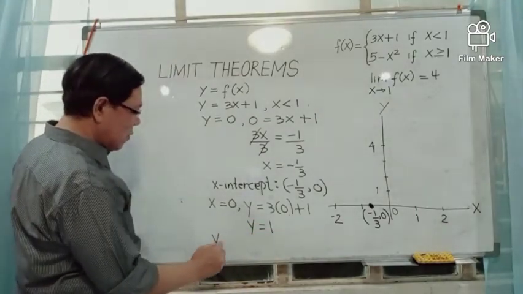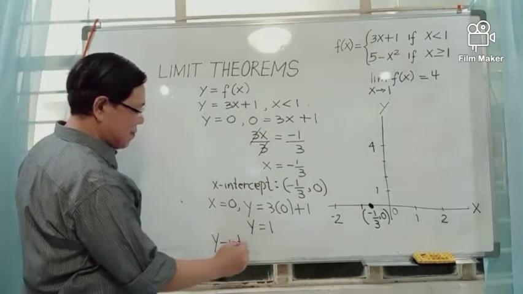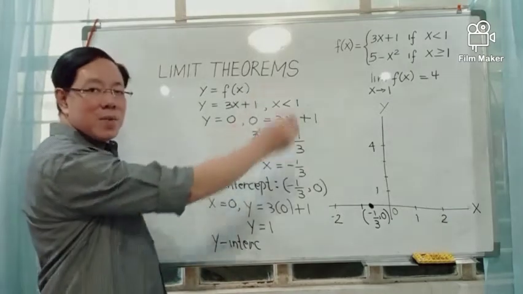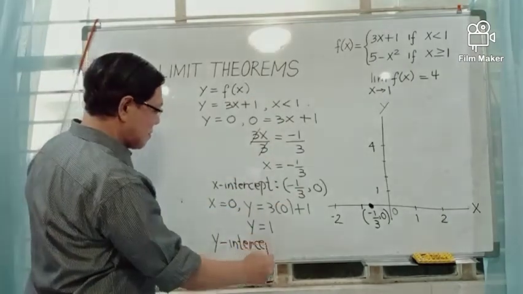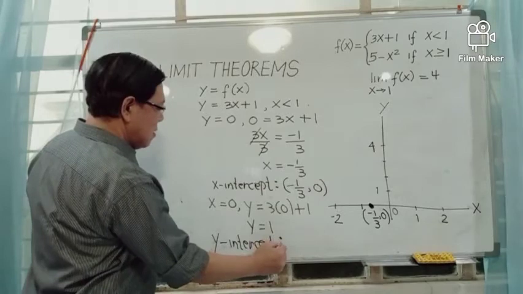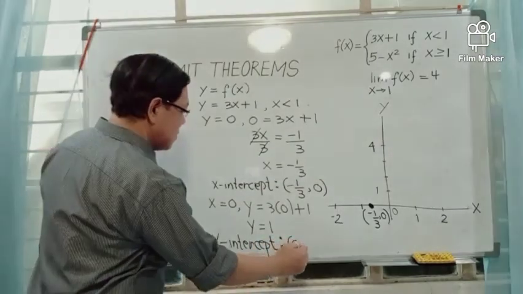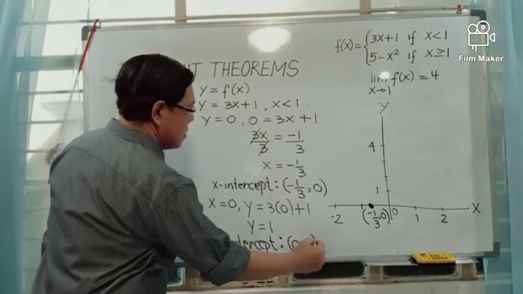And we write the y-intercept, the intersection of the line and the vertical axis. The y-intercept is at the point 0 and 1.